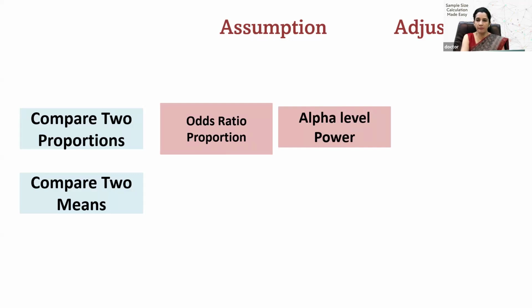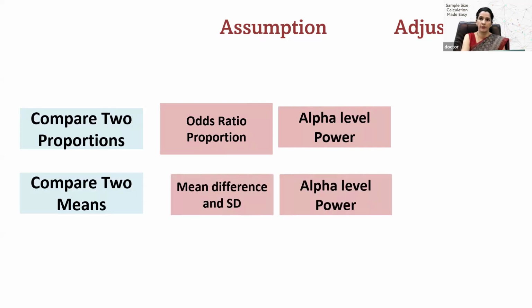Adjustment can be done in the form of a response rate or in the form of clustering, if it is there. Similarly, if you want to compare two means, then you should have the standard deviation, generally the pooled standard deviation, and the mean difference between the cases and control. So here you have got two groups, a case and a control.